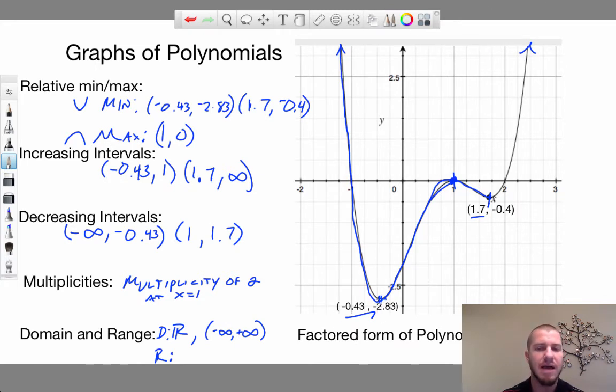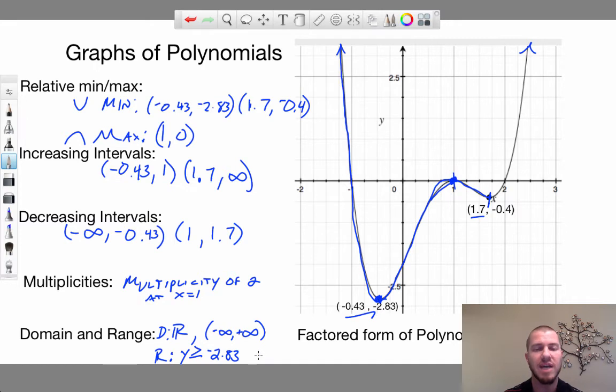It stops at this point, which my lowest point on the graph is at -2.83. If you're writing with inequality, it's going to be y is greater than or equal to -2.83, because all the y values are going to be greater than that -2.83.